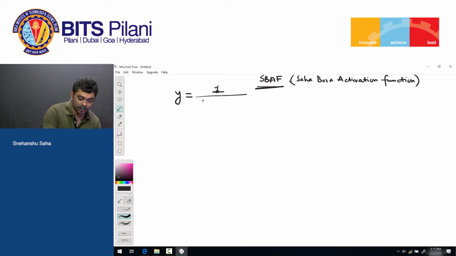So this is what the function looks like, where your parameters are k and alpha, where k is assumed to be positive and alpha is restricted between 0 and 1.